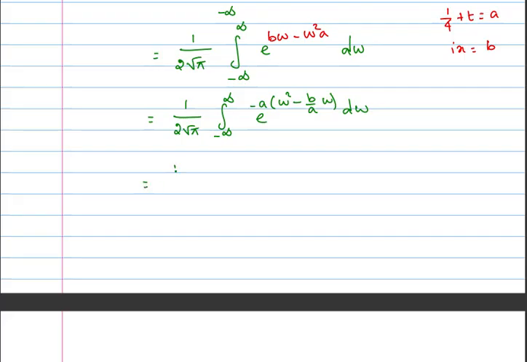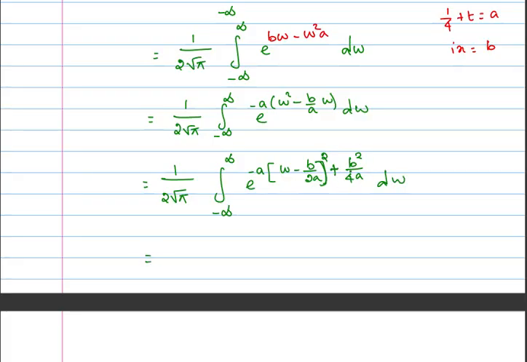d omega. So 1 over 2 times square root of pi, integral from minus infinity to plus infinity of exponential of minus a times (omega minus b divided by 2a) the whole square, minus 1, it becomes plus b square divided by 4a, because this a, the minus will come, times d omega.